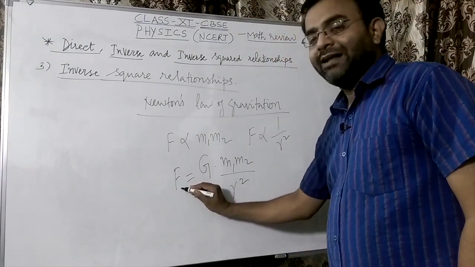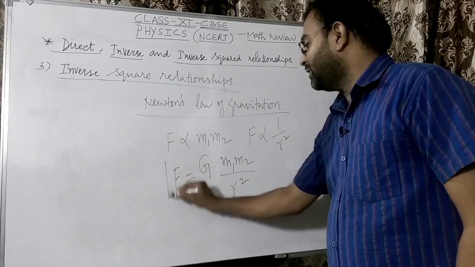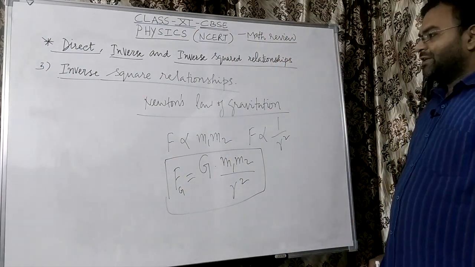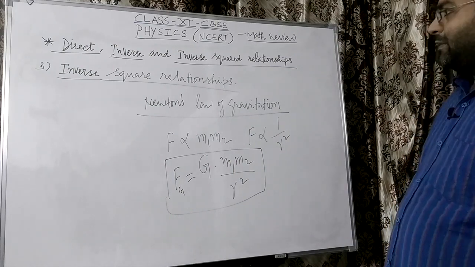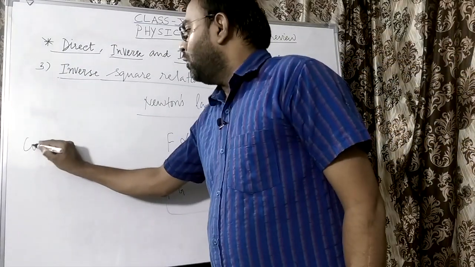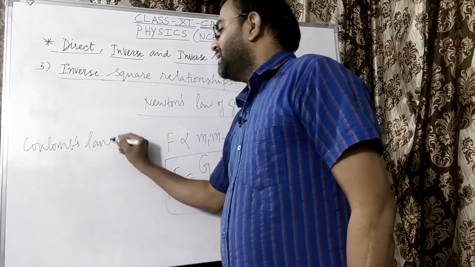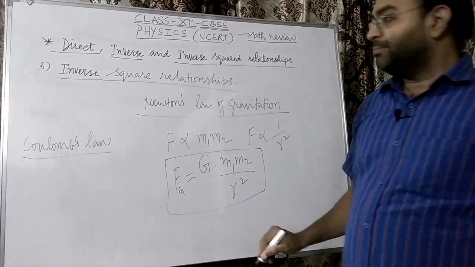This force is attractive force or gravitational attractive force, and therefore this expression is an example of an inverse square expression in physics. Another very common example that one can give is what is called Coulomb's law in electrostatics. This is another example of an inverse square relationship.